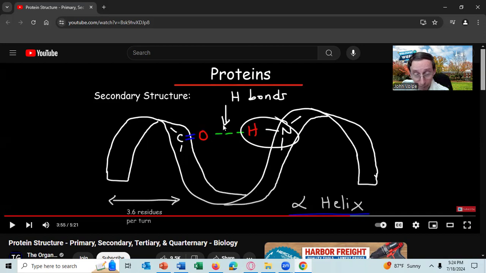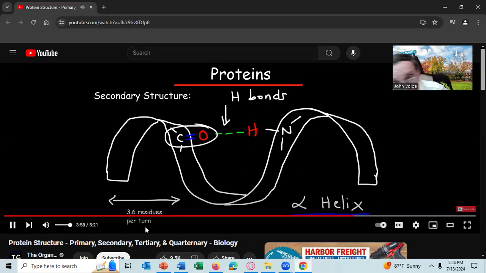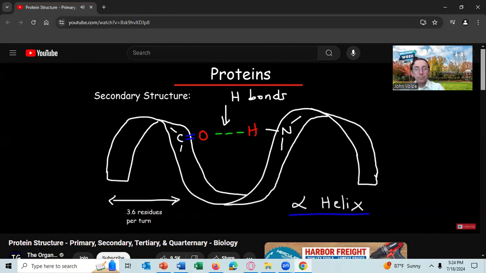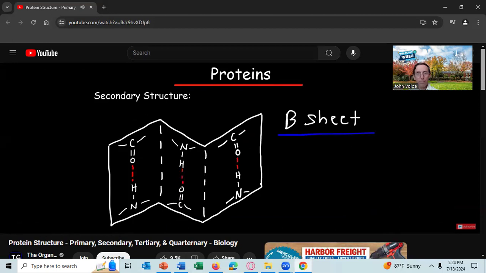However, there are other bonds, which this video does not talk about, that form in the secondary structure, and I'll talk about those. And each turn contains about 3.6 amino acid residues.